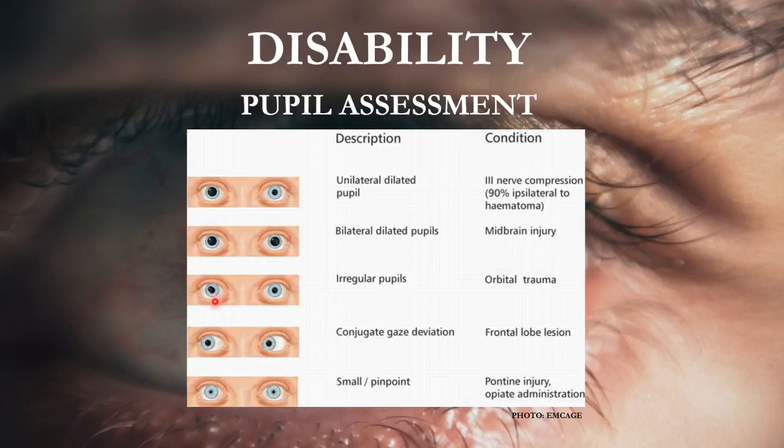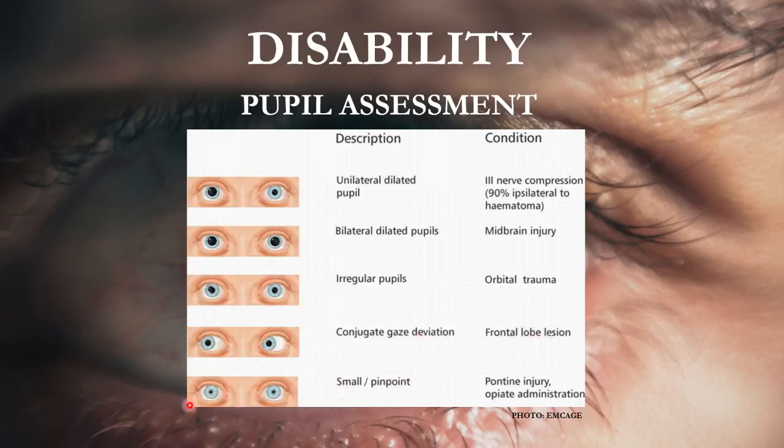Irregular pupils could be because of orbital trauma. Orbital pertains to the eyes. Conjugate gaze deviation could be due to a frontal lobe lesion.